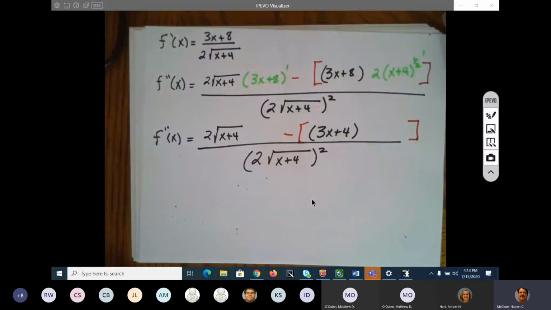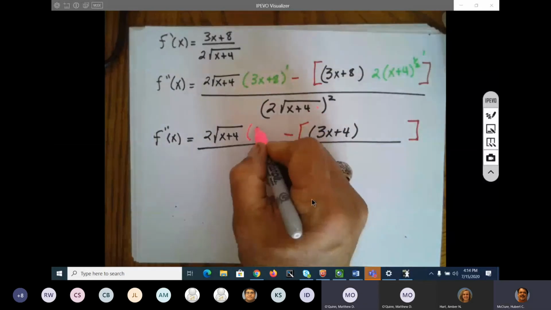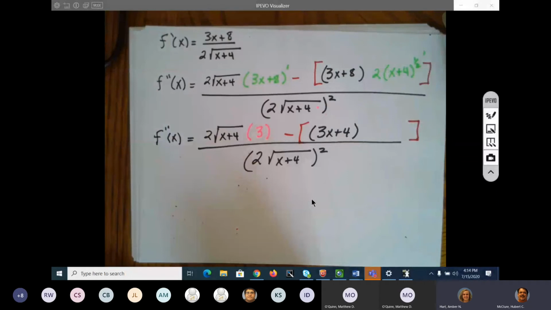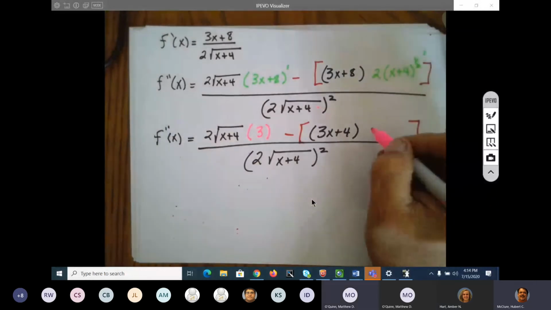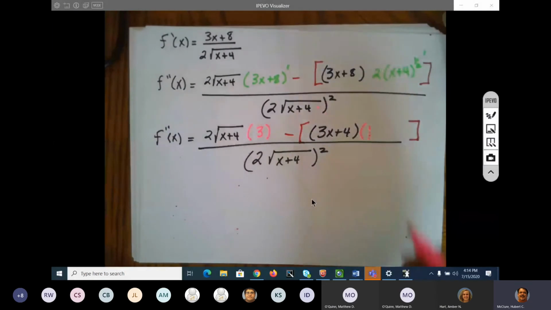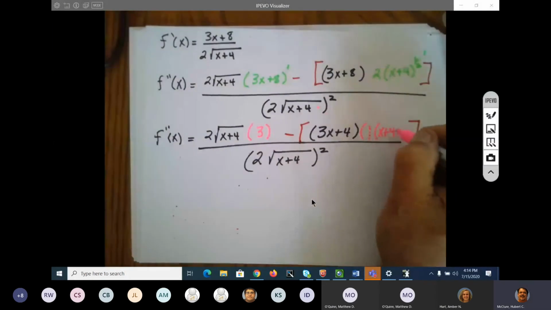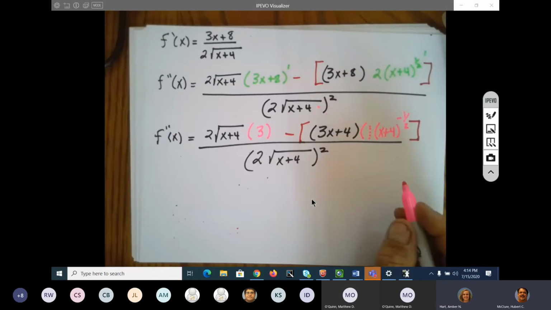Okay, so what is the derivative of 3x plus 8? 3. Good job. And what is 1/2 times 2? 1. So I'm going to put a dotted 1 right there, meaning you don't have to do that. And then x plus 4 to the what? Negative 1/2.